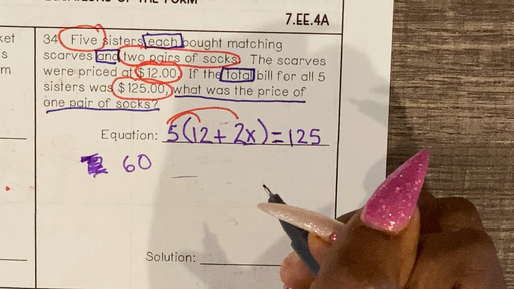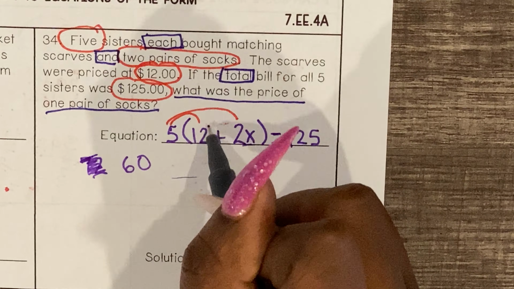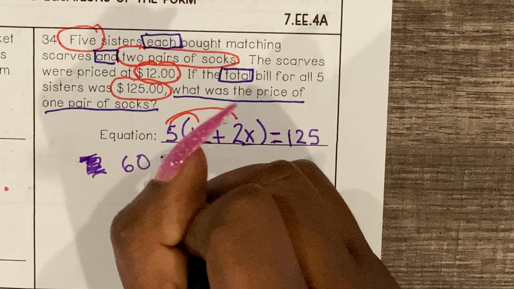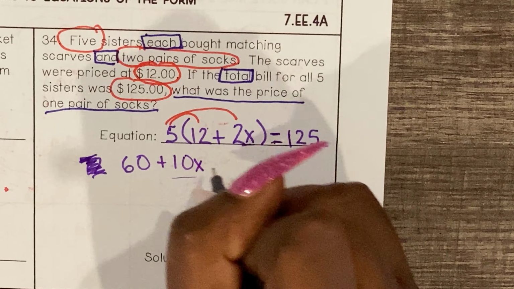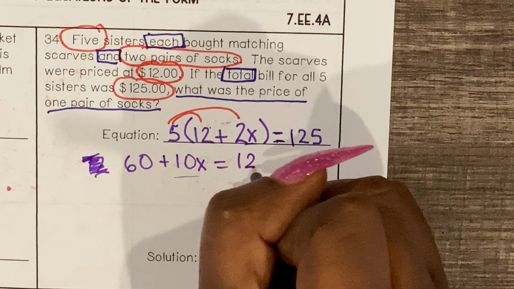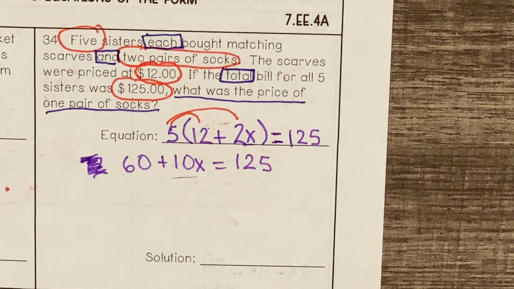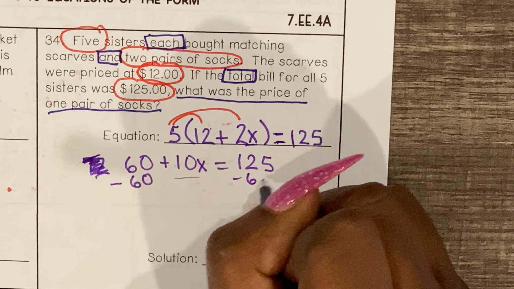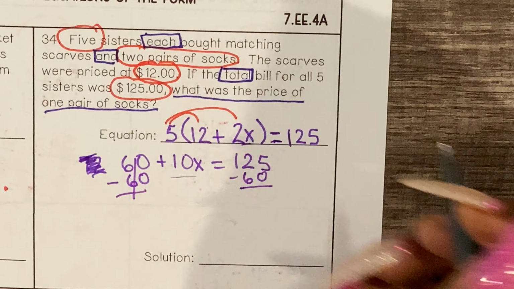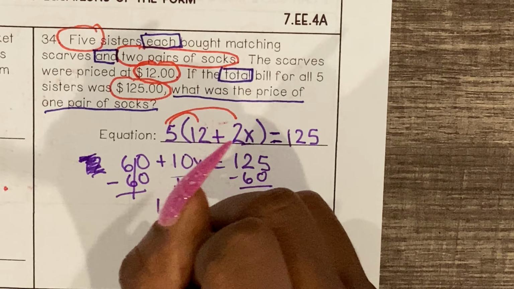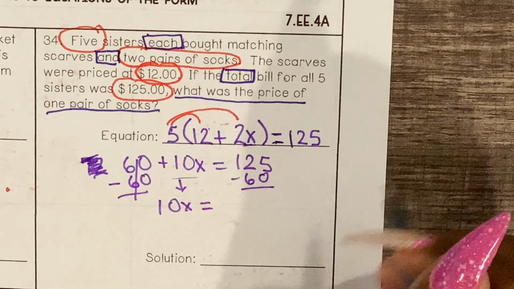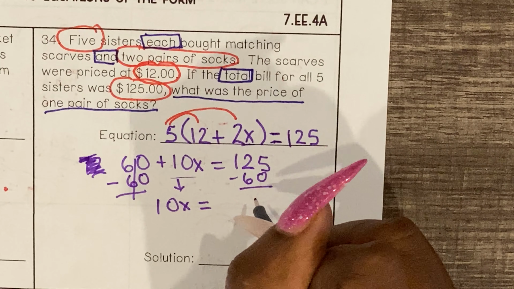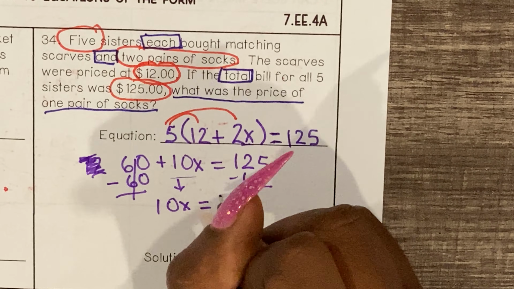My bad, y'all. 5 times 12 is 60. 5 times 2x is 10x equals 125. Get rid of my constant so that my variable and the coefficient can be together by themselves. 125 minus 60 is going to be 65.